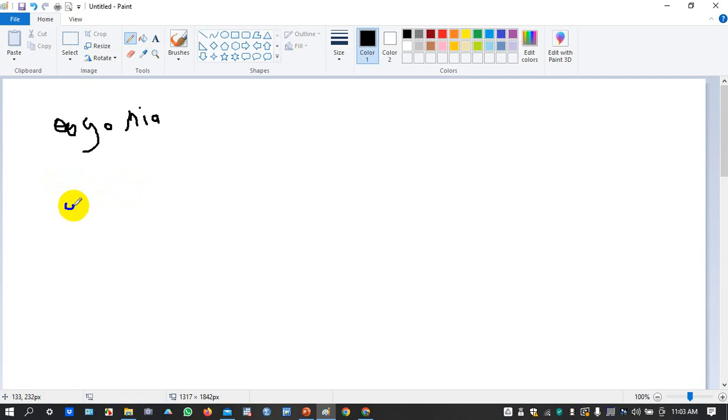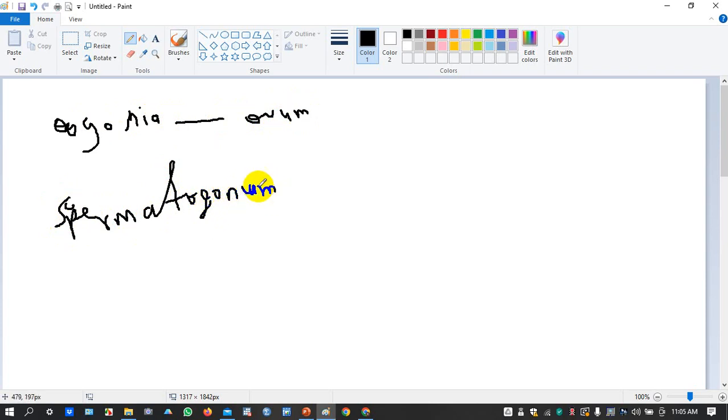We have the oogonia for the egg, and also, like I said, the oogonium is the primitive or immature form of the female ovum or egg, as the spermatogonia, or spermatogonium if singular, is the immature form of the male gamete, or the sperm.